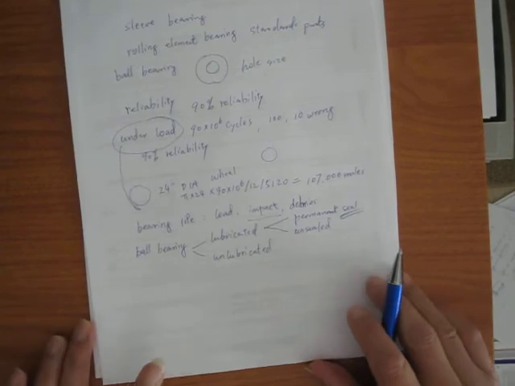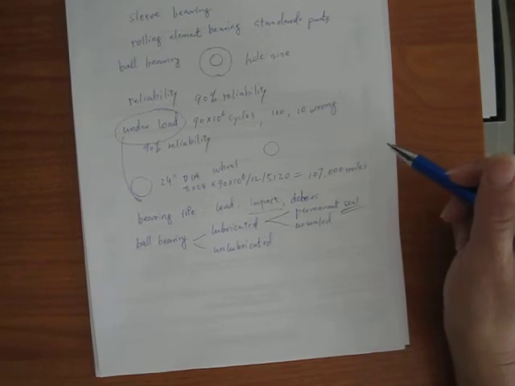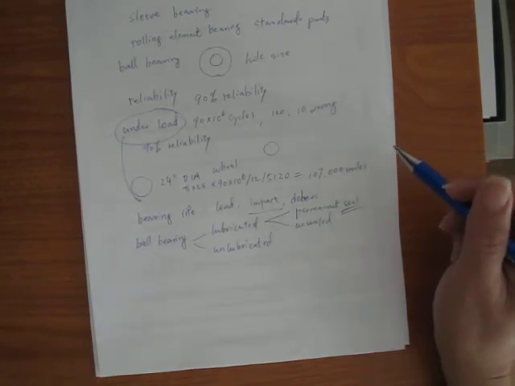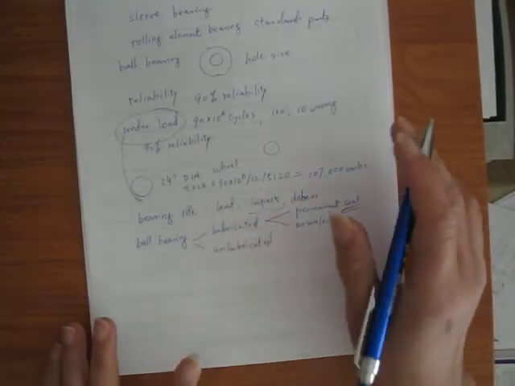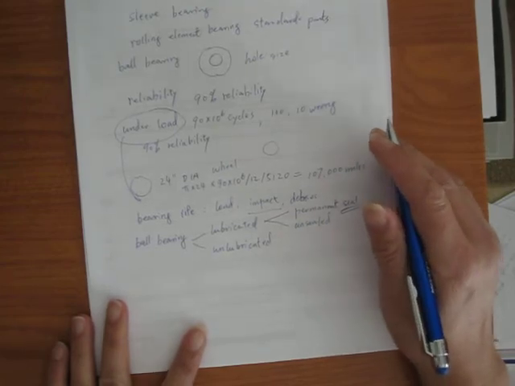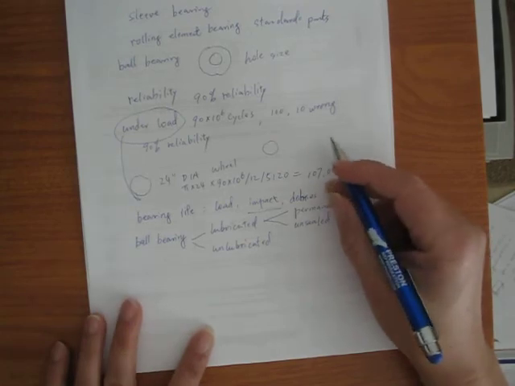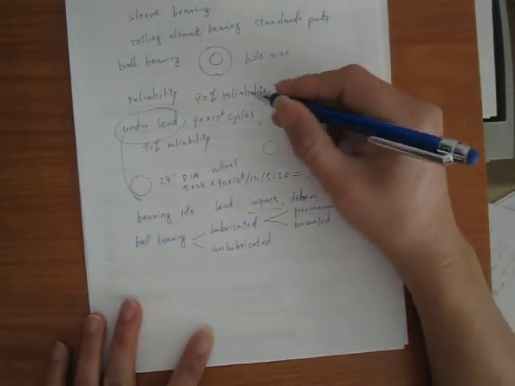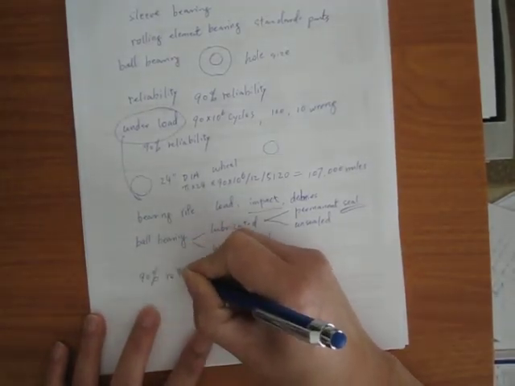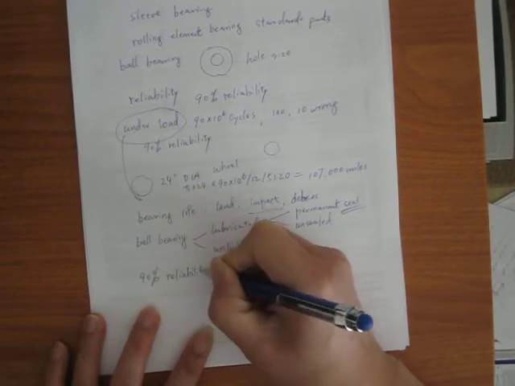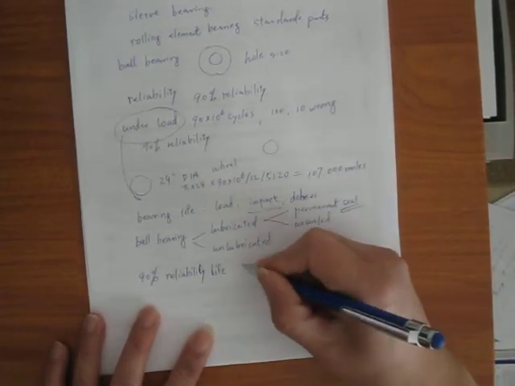All right. Now, for the life of a standard bearing, we have a formula. We're not going to talk about how we derive the formula, we just give the formula here. We just want to know how to apply it. At 90% reliability, how long it can run, we call L10.